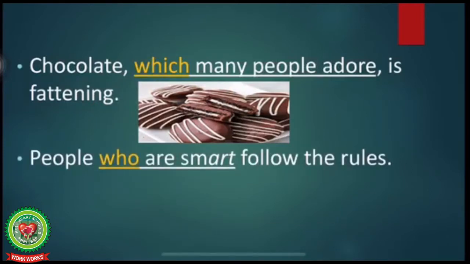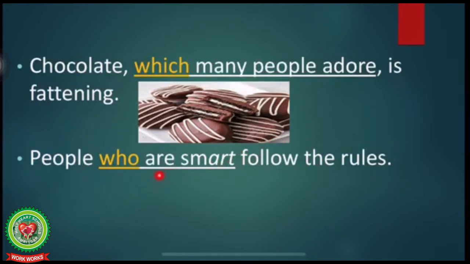Now see this example. People who are smart follow the rules. Again, here the subordinating conjunction is who and the part that follows, who are smart, is the subordinate clause. Here also we won't take follow the rules as a part of the subordinate clause because follow is a finite verb.